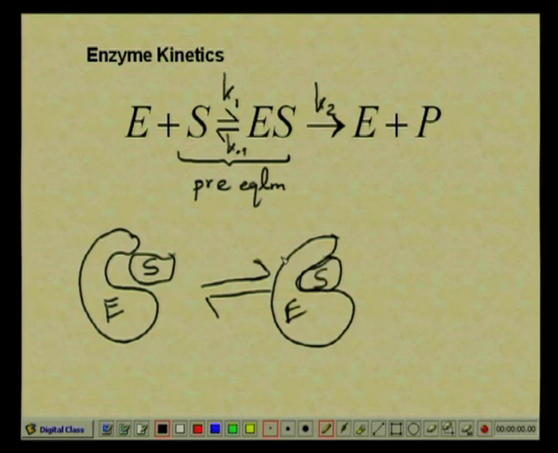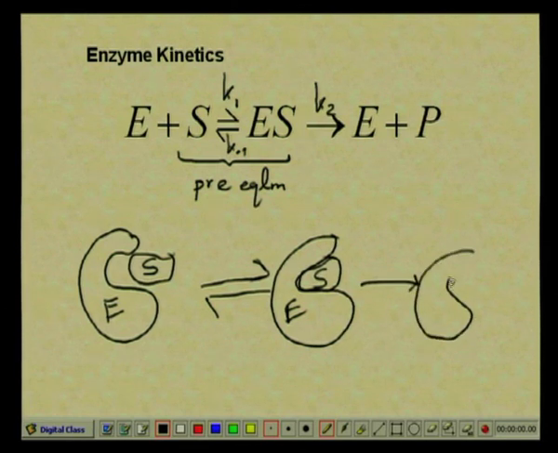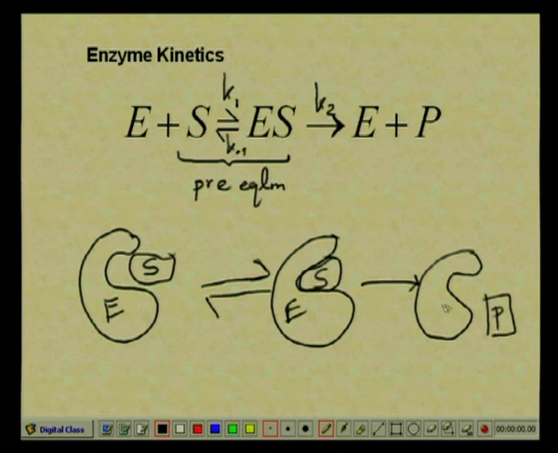Okay? Then whatever reaction is to occur at the active site occurs, then what do we get? We get back the enzyme, but say our product looks like this, right, because our substrate has changed now to the product, but our enzyme remains the same.